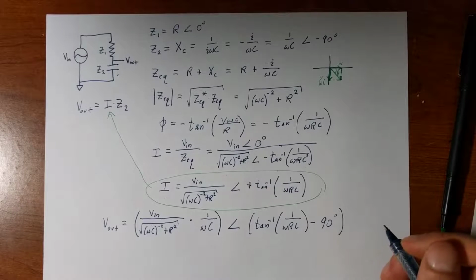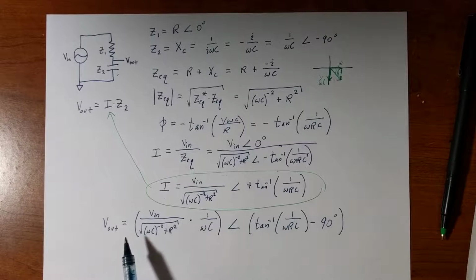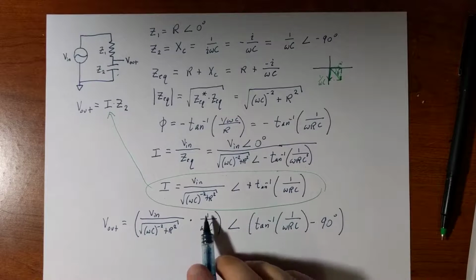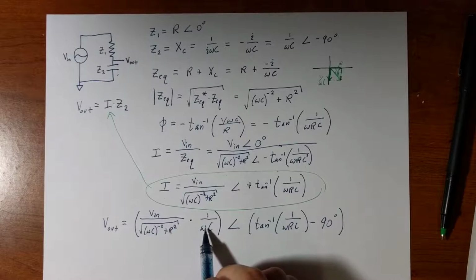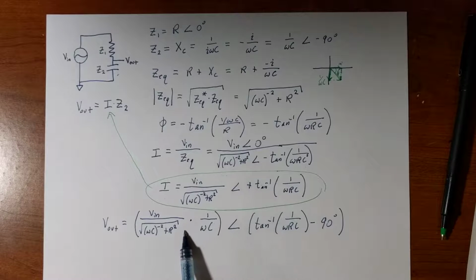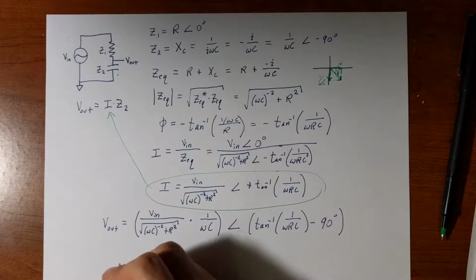Okay, so if I do a little bit of simplification, I have a 1 over omega c here. Well, omega c is the same as the square root of omega c squared. If I multiply through by the square root of omega c squared, that cancels out here and leaves me with an r omega c squared there.